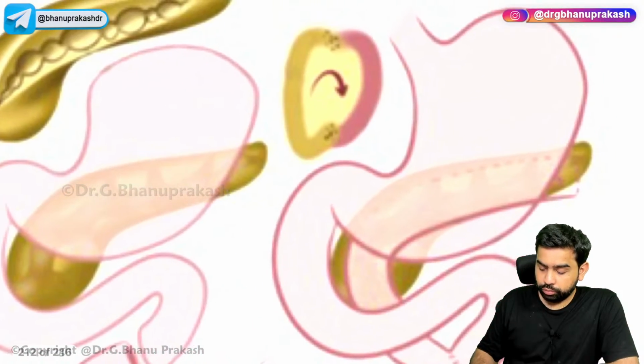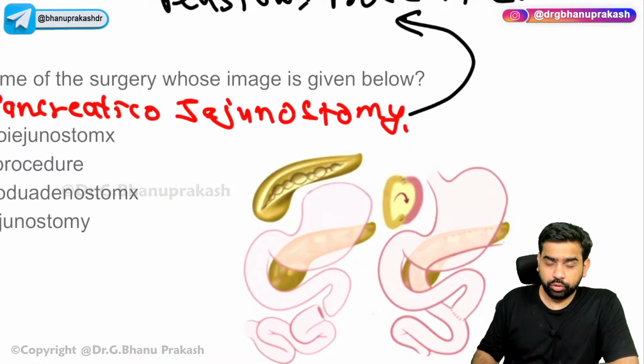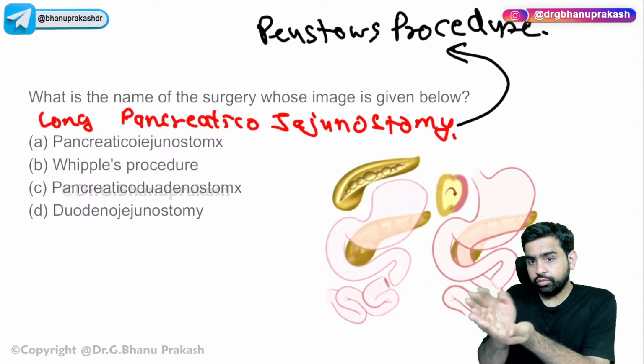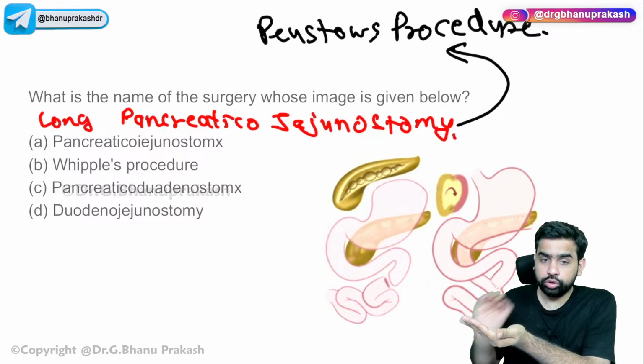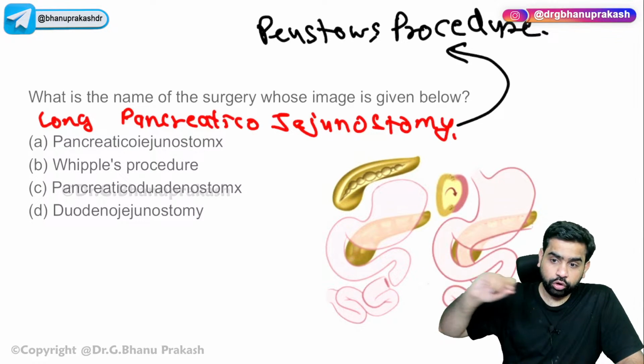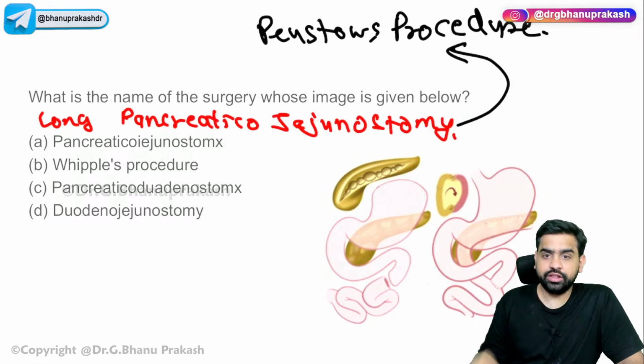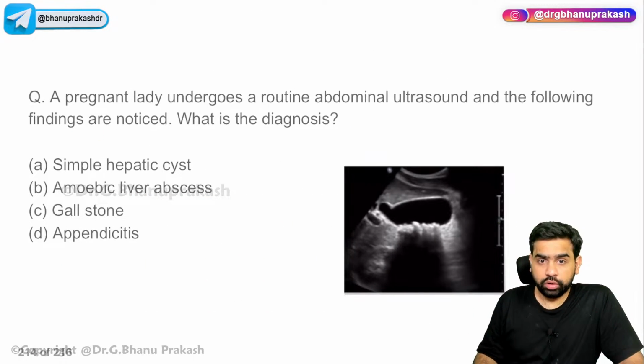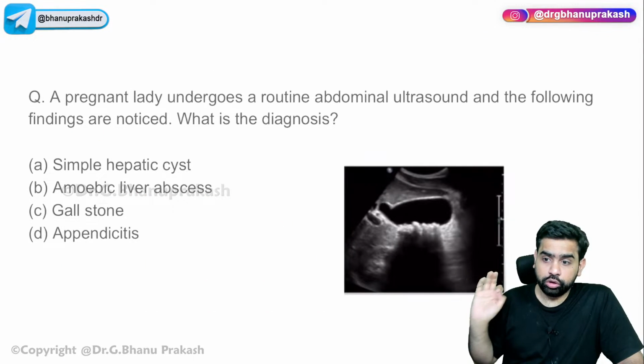Then you brought the loop of the jejunum over here and attached it. You understand my point? This is called a longitudinal pancreatico-jejunostomy, and that is Puestow's procedure. This is done when the main pancreatic duct has a lot of strictures and multiple dilatations. That is all you need to understand about Puestow's procedure.